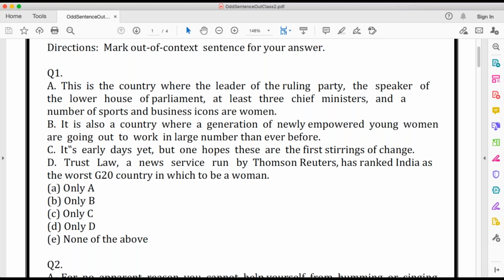Vanshika, I just said that the type of questions which we are solving today can come in any exam except TESTNET. Right, Sejal? This one is not important for TESTNET. Now, let's try to find out the correct answer for question number one.